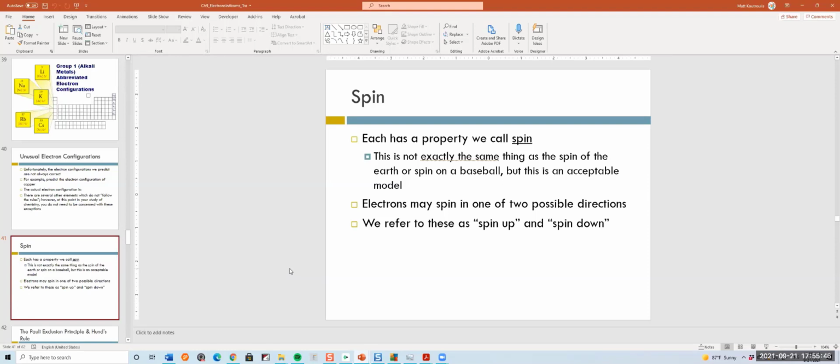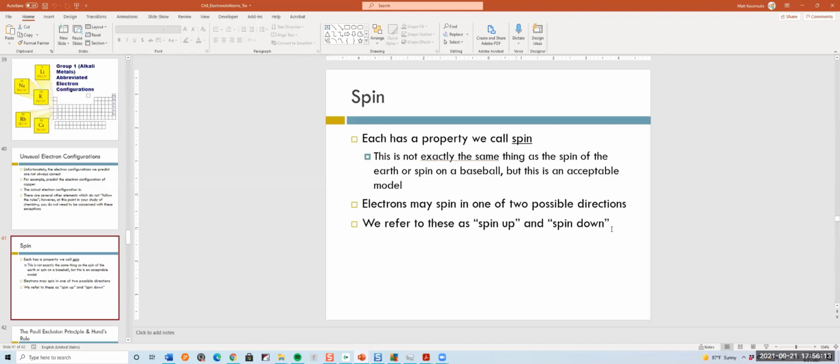You can spin it towards you, which would be like clockwise if you're looking above it, or you could spin it away from you, which would look like counterclockwise. So electrons can spin one way, or they can spin the other way. There's all these terminologies we could pick: spin on, spin off, spin left, spin right. What we call them is spin up and spin down.